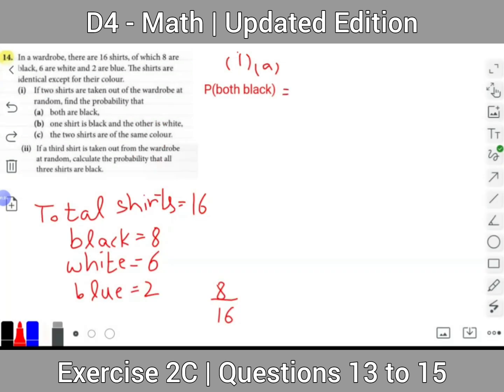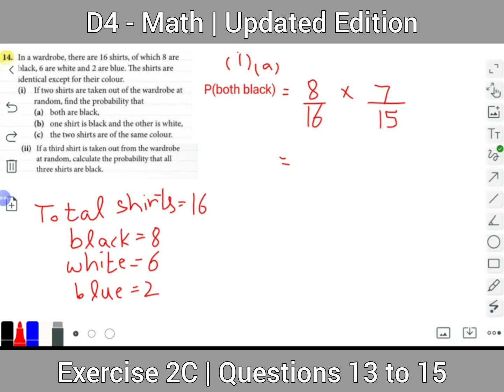Now for the second shirt to be black, since we have already taken one shirt, the total number of shirts will remain 15, and also we have taken one black shirt already, so the number of black shirts left is 7. So the probability for the second shirt to be black will be 7 over 15.